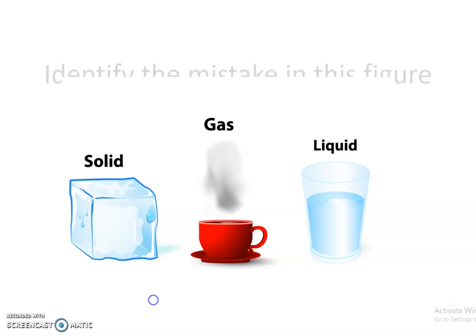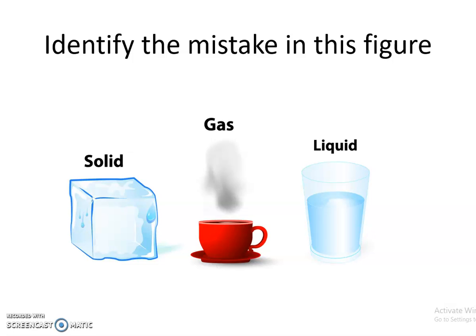Just a small question for all of you. Just try to identify the mistake in this figure. It's not a serious mistake, but it could have been told better. So just make a guess, how better could the picture have been?